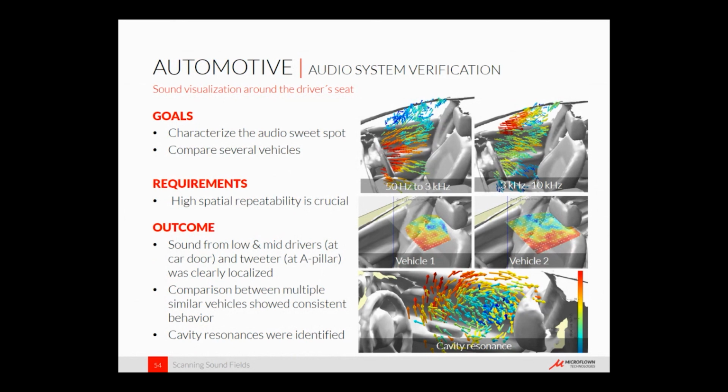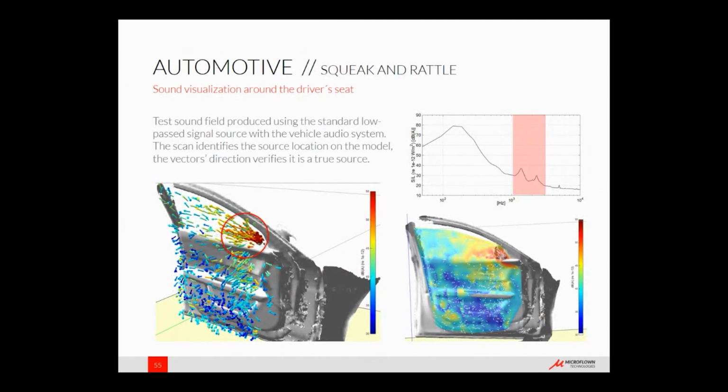So they could directly see, okay, what can we change on the acoustic properties or on the driver's location to get rid of the cavity resonance. As well as here for squeak and rattle identification.